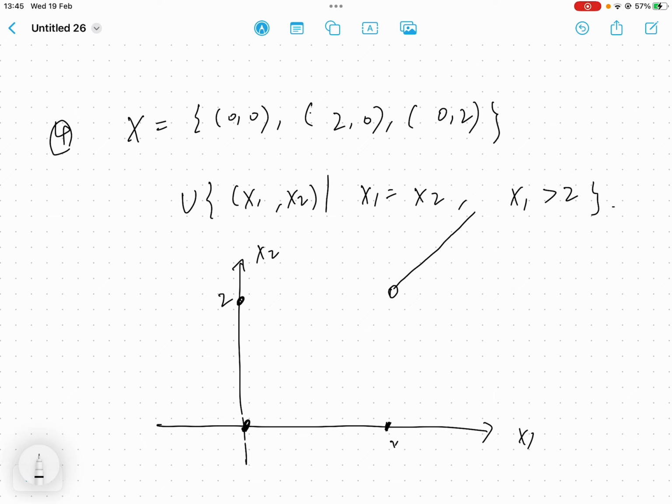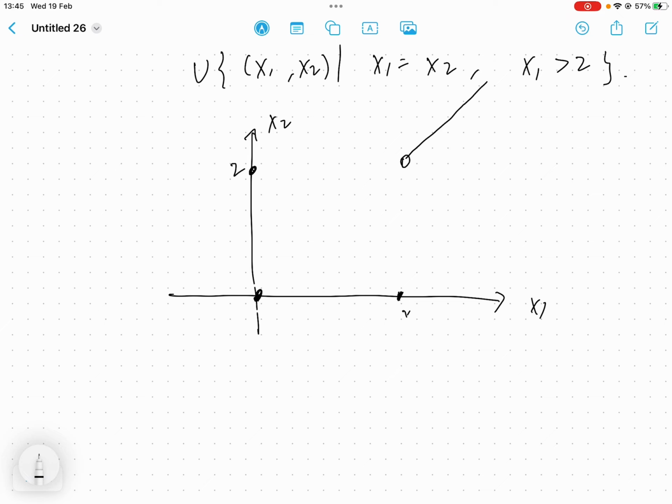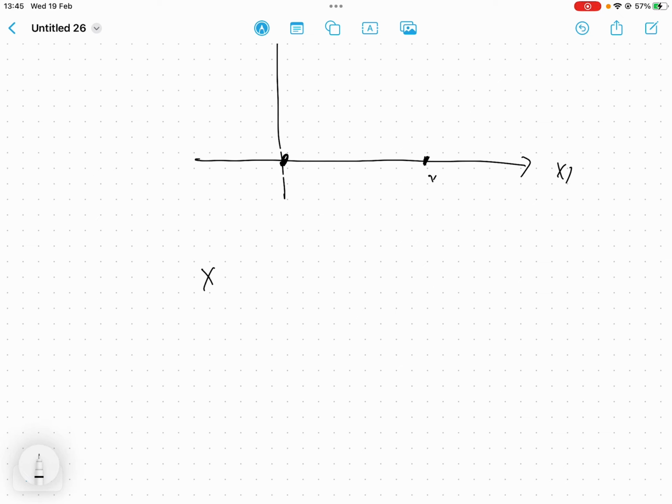So this doesn't include the boundary, and then the supremum also does not exist, right? So this is not a lattice. Good.